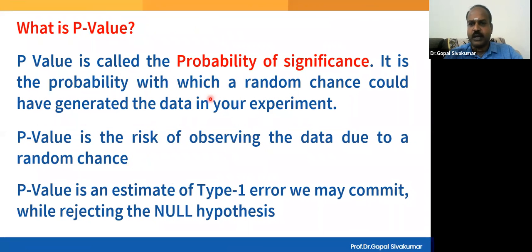So what is p-value? P-value is also known as probability of significance. It is the probability with which a random chance could have generated the data in your experiment. That means being data driven is good, but what if your data misleads you?